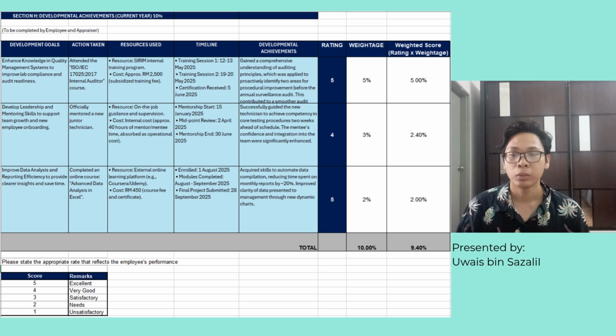This appraisal will evaluate how much the employee has grown during their job scope. It reflects the employee's initiative and commitment to self-improvement, which is important for long-term career development.